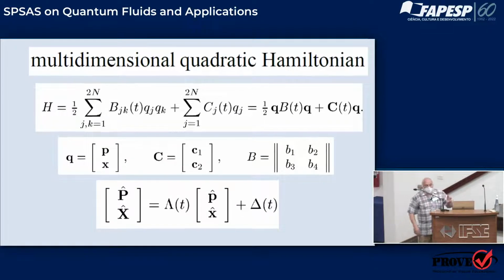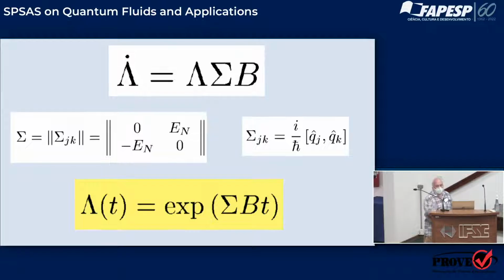And we can easily show that the equation for this lambda is very simple, very nice. The derivative of this lambda is the same matrix. Matrix sigma is the matrix of commutators between x and p. And this matrix B is a symmetrical matrix, which determines our Hamiltonian.